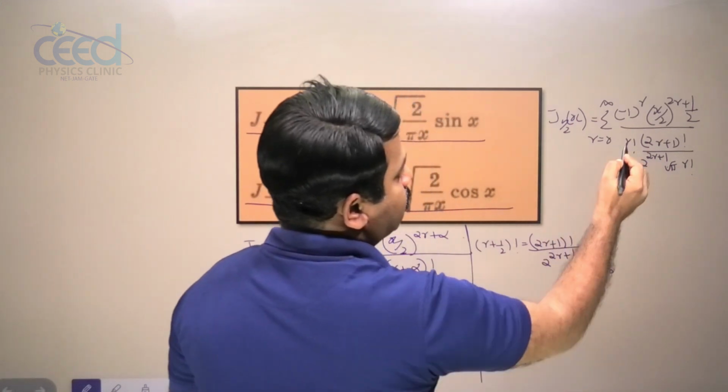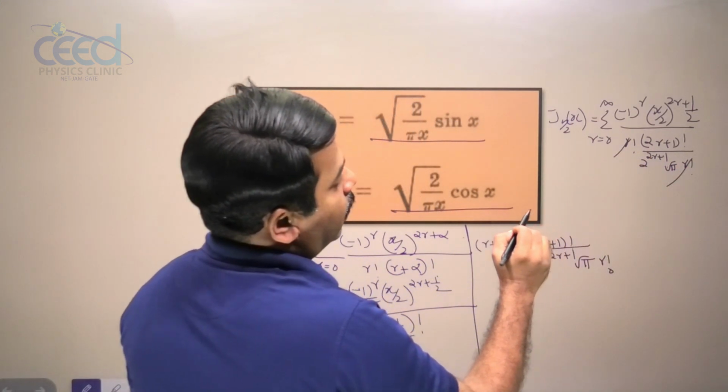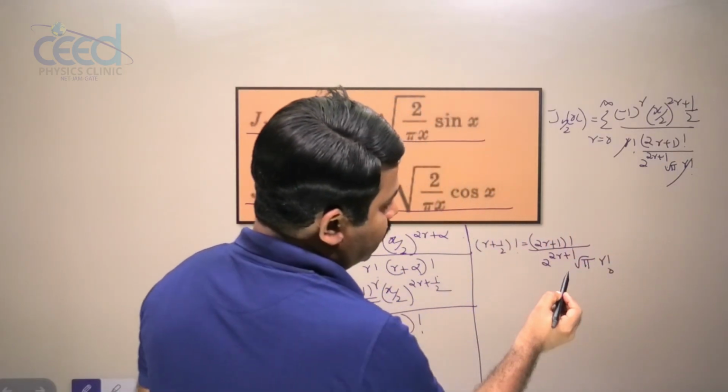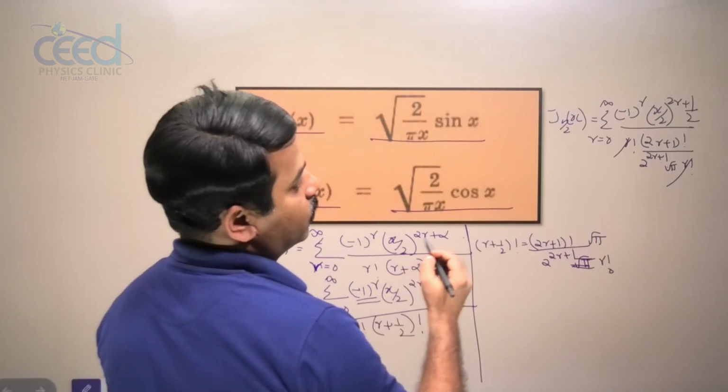This r factorial cancels. And see this root pi, I am sorry, this root pi here only, in this expression.